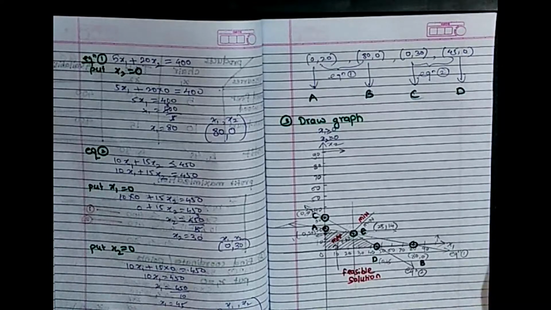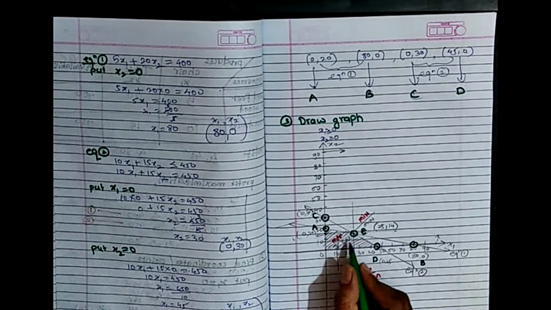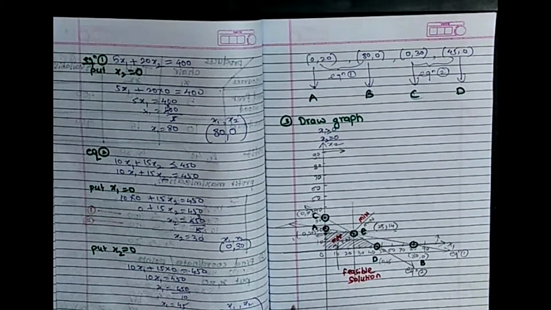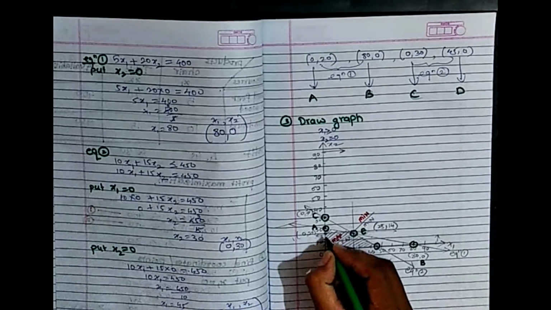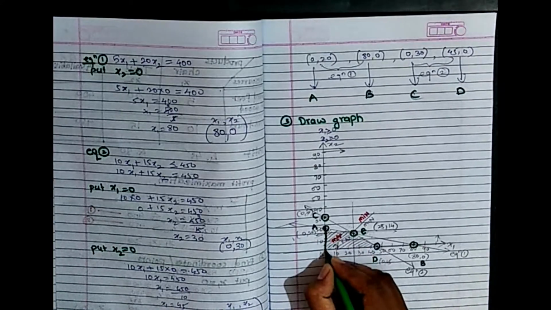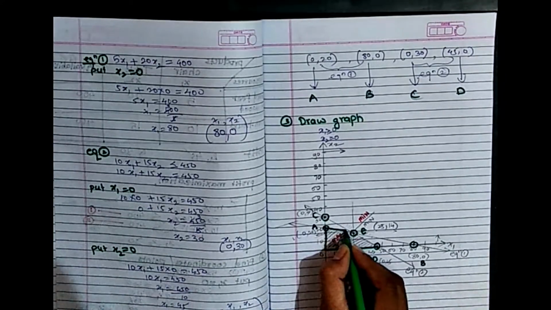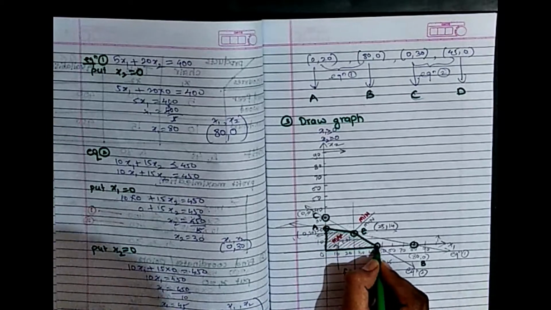Now the last step in this problem is to find the optimal solution. We have to find the maximization of the profit. So this is our feasible region. We will consider only the points which are extreme to our feasible solution, the corner points.